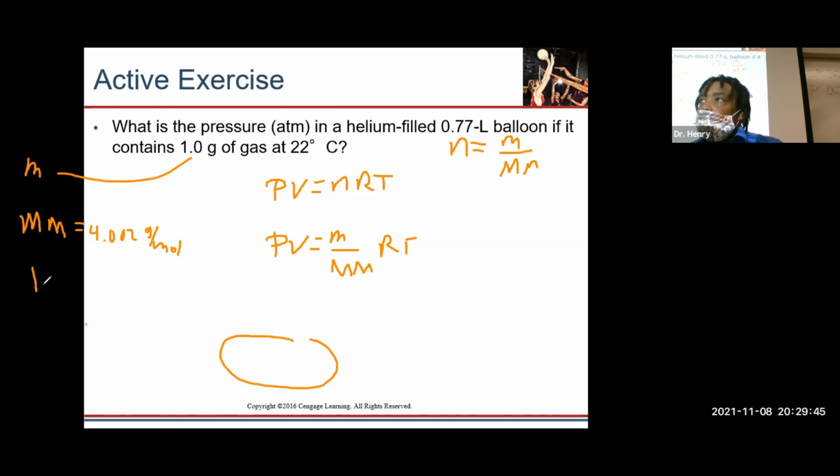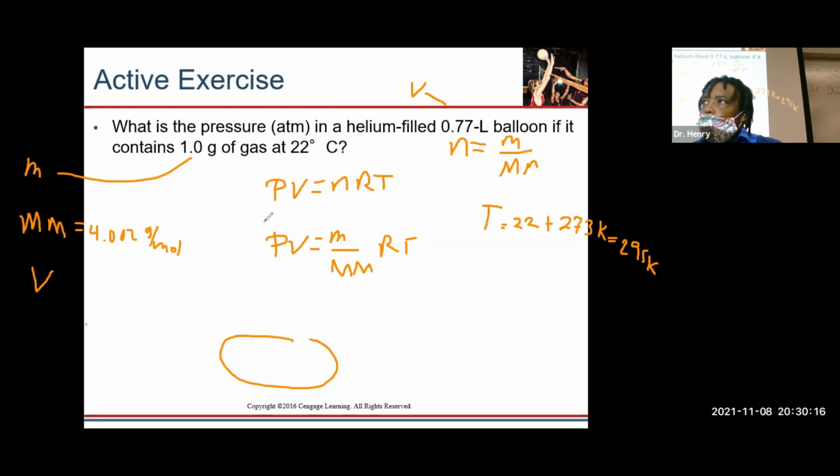Our volume, and our temperature. So we have to change our temperature. T equals 22 plus 273. So that's 295 Kelvin.